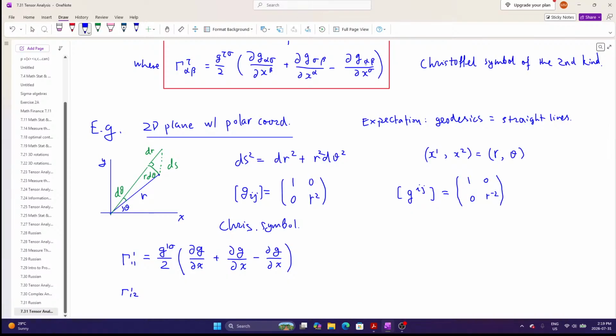The indices for g are the indices in the lower index of big gamma. So here we have gamma 1 1 1 at the bottom, so you just put 1 1 in the last g. And the x associated with that particular little g has an index of just the dummy index, the sigma.